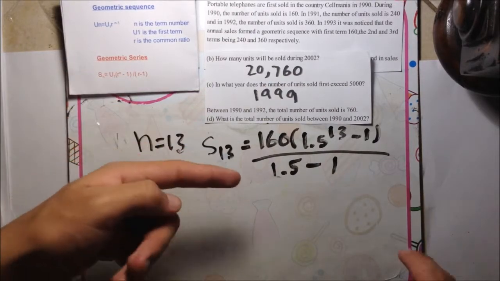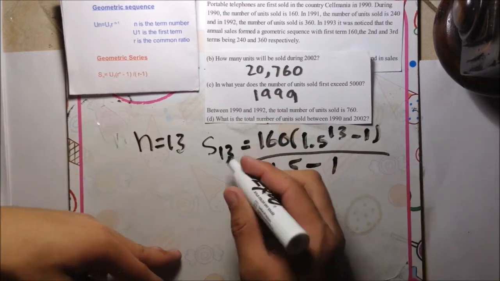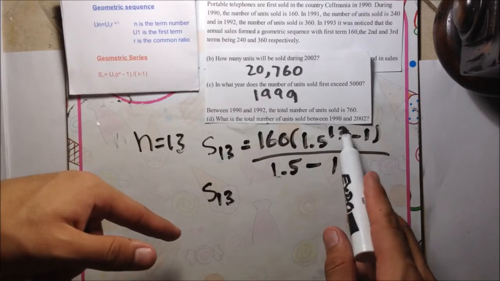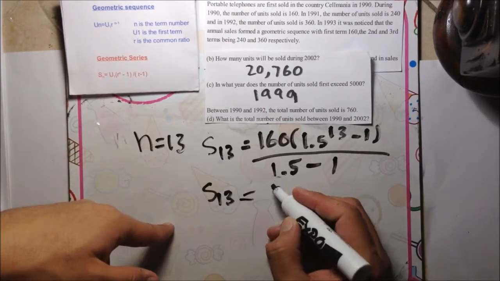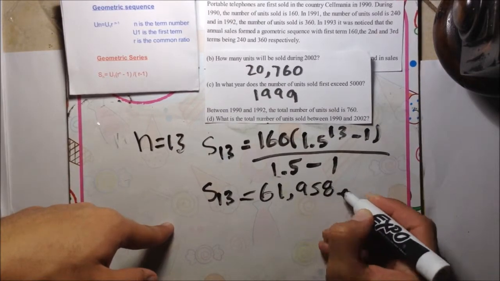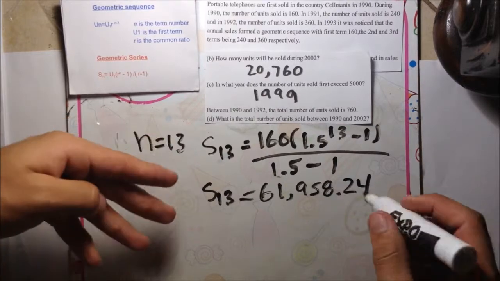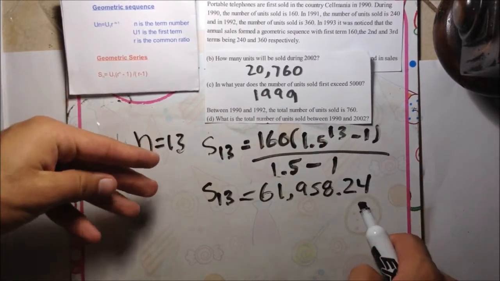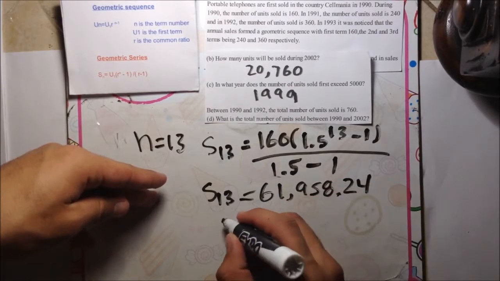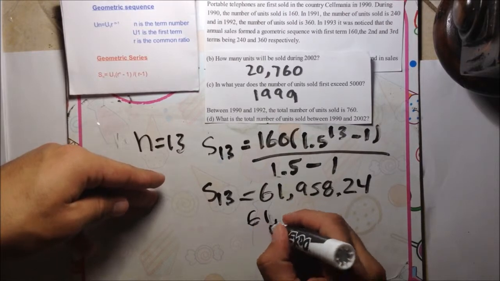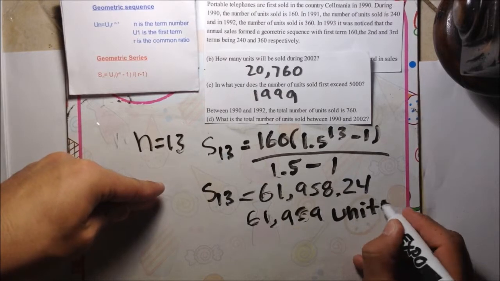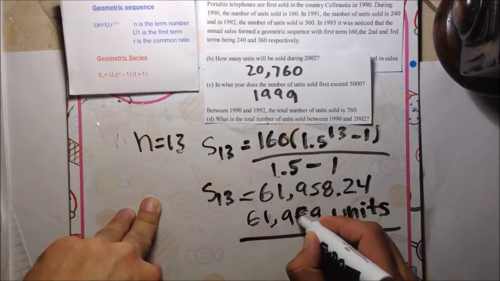If we multiply and divide accordingly, we get S13, the sum of the total units sold between 1990 and 2002, to be 61,958.24. But since we're talking about units sold, we cannot have a decimal number, so we have to round up. Our actual answer would be 61,959 units sold between the years 1990 and 2002.